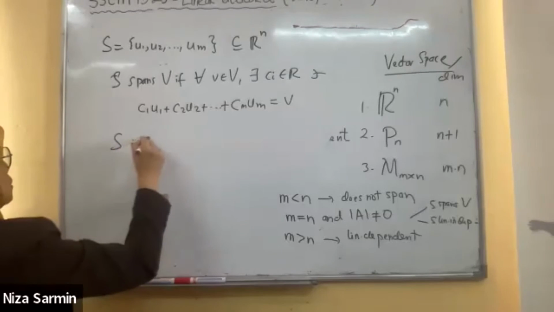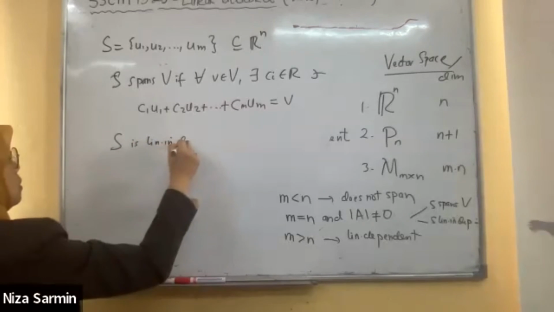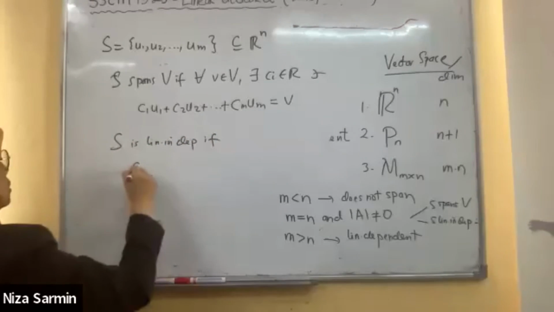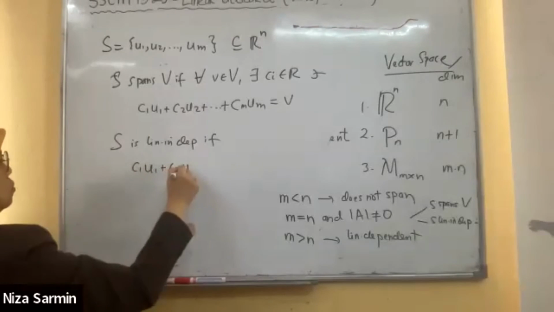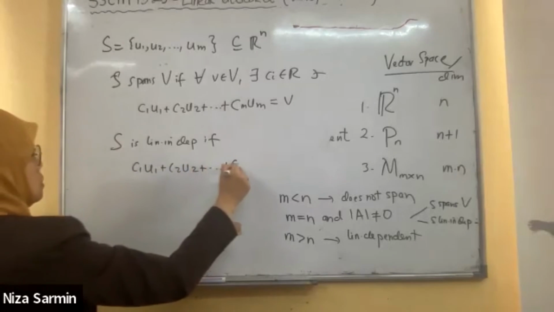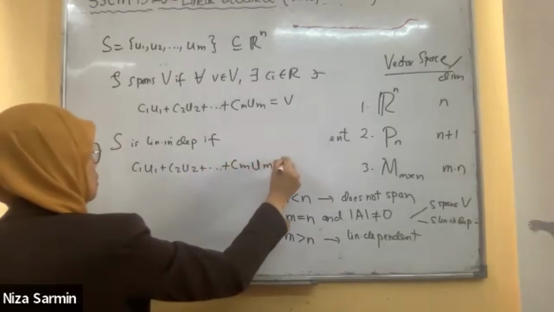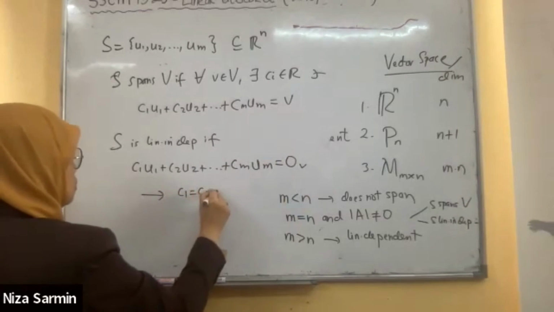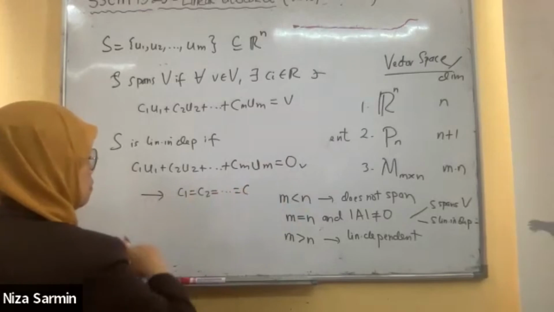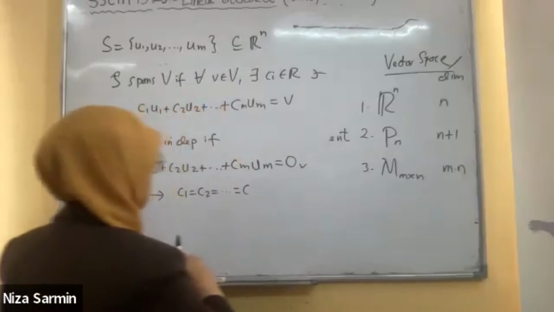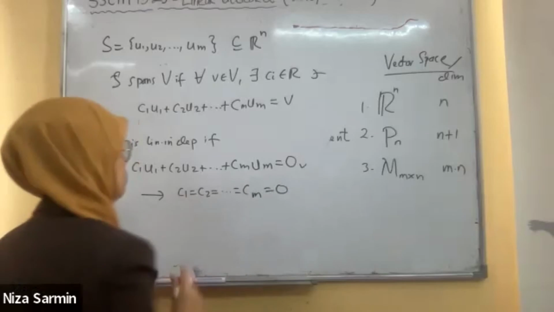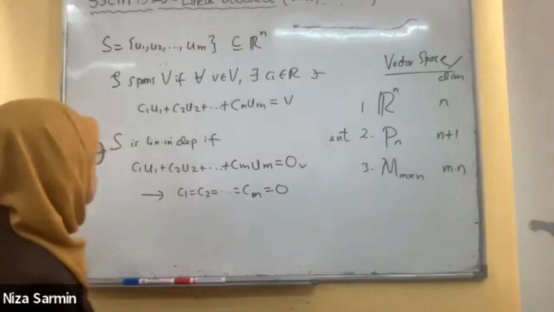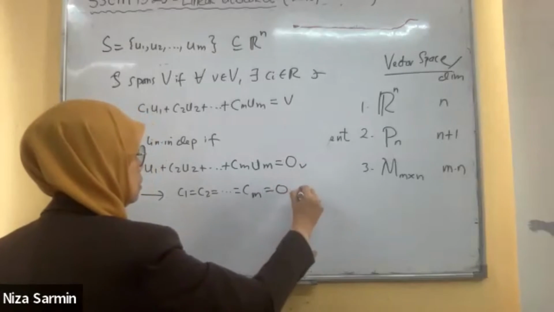S is linearly independent if c1 u1 plus c2 u2 plus up to cm um equals 0 implies c1 equals c2 equals up to cm equals 0. This 0 is a real number.